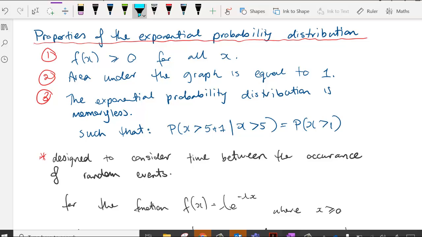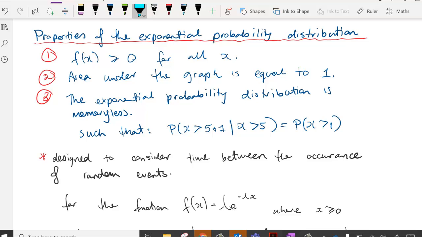And for the exponential probability distribution, it is memoryless, which means that regardless of where we start, we're going to consider it from that point. So the probability that x is greater than 5 plus 1 more, given that we're already at that point, x is greater than 5, would just be looking at the probability that x is greater than 1.